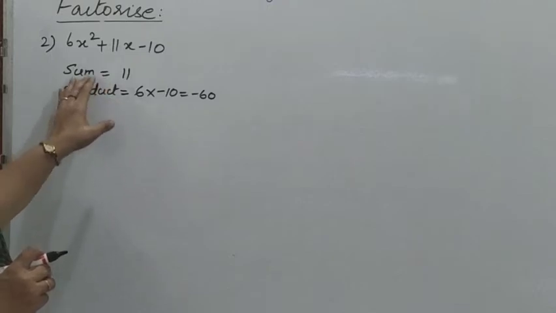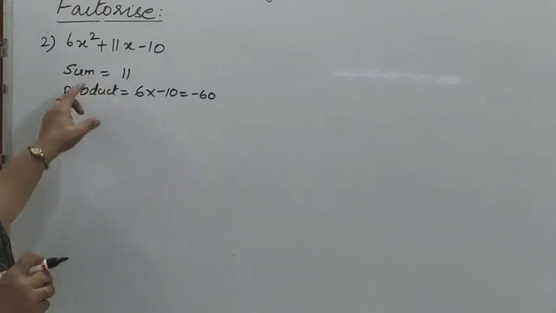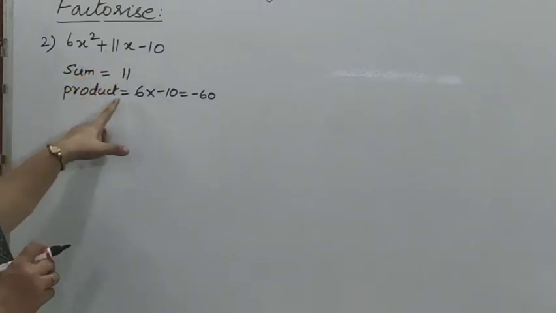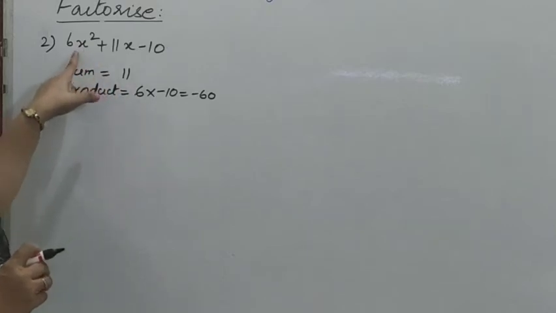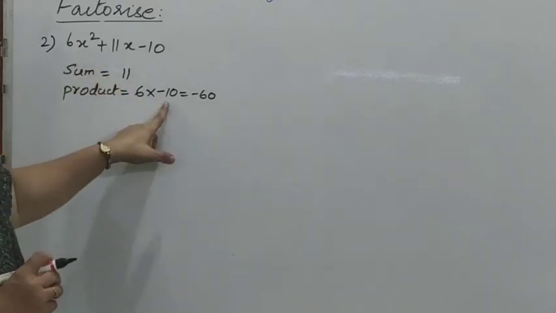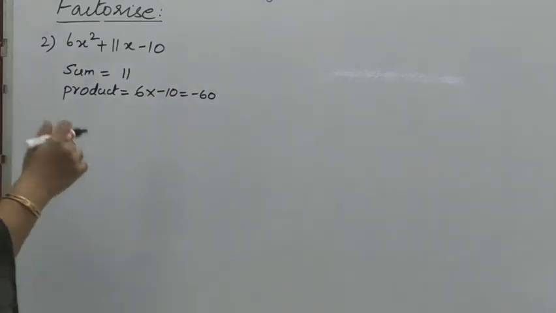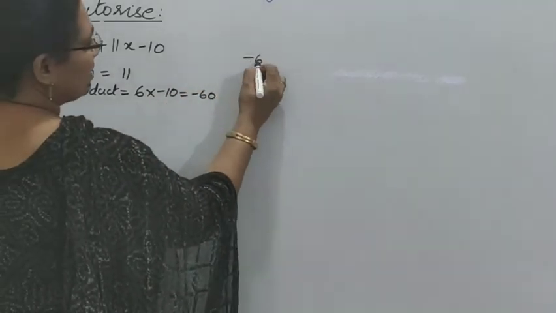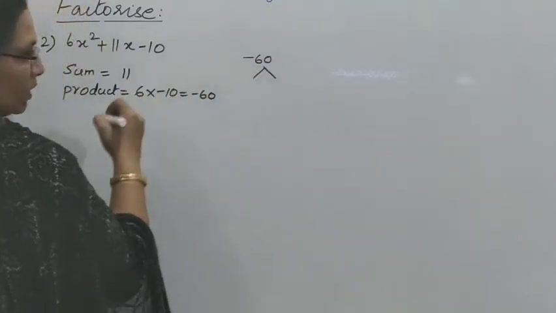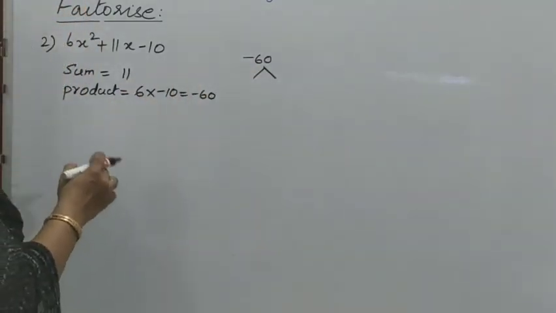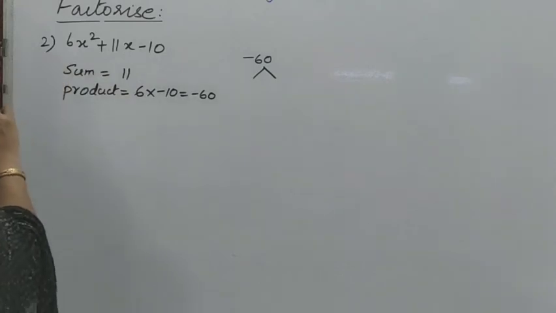We have to identify what is the sum term and what is the product term. Sum term is equal to 11 and product is equal to coefficient of x square, that is 6, and the constant minus 10. So 6 into minus 10 equal to minus 60. Now we should identify two factors of minus 60 such that their sum is equal to 11.